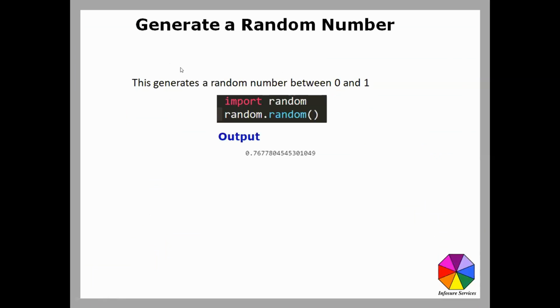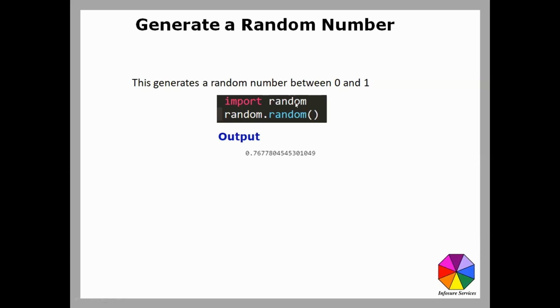When we are trying to generate a random number, any number, it's available in a module called random. So import random means you are using a module by the name random. And what's the use of that?